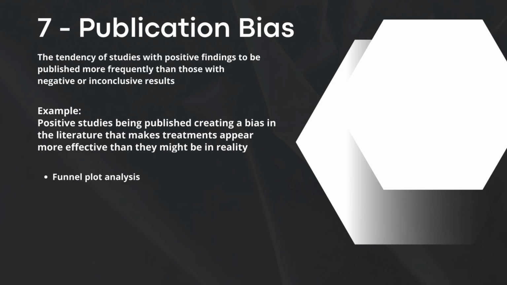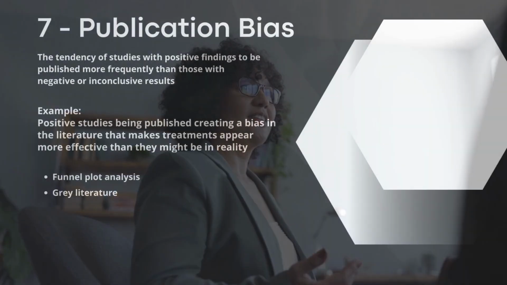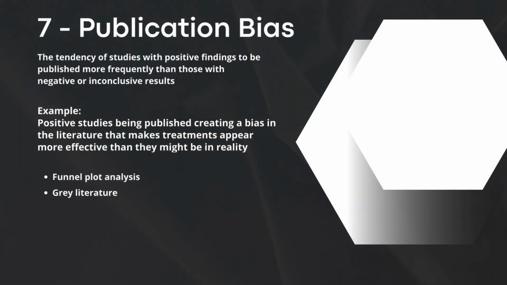There is also what we call the gray literature, and here we incorporate unpublished studies, conference abstracts, and other non peer reviewed sources into the review. And this can help mitigate the effects of any possible publication bias by providing a more comprehensive view of the available evidence.